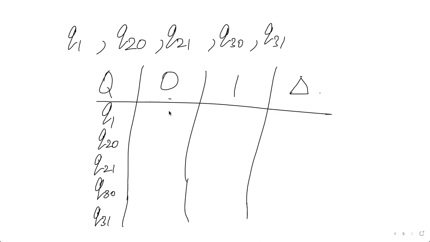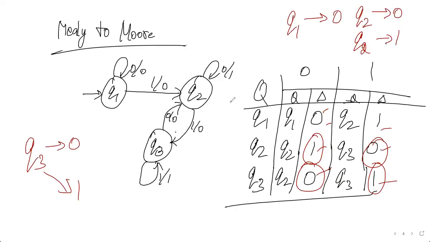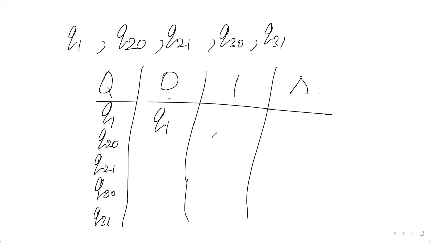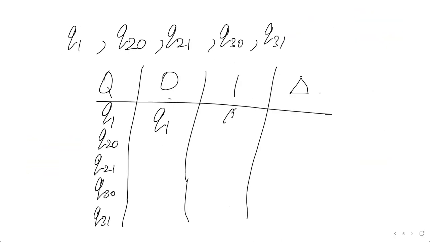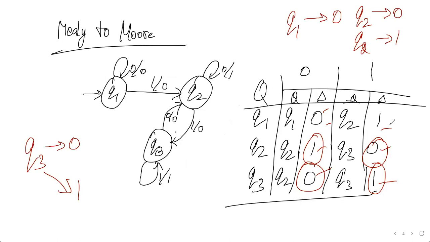So Q1 on 0 is Q1, and Q1 on 1 is Q2, and what is the output? Just check this. Is it Q20 or Q21?